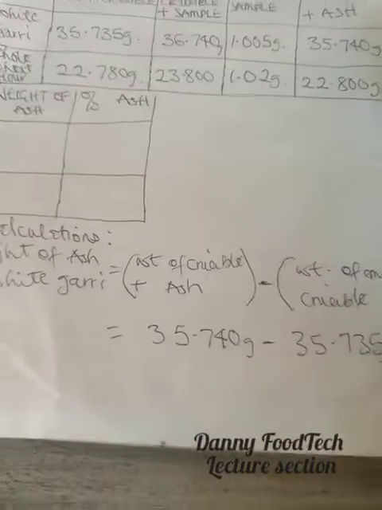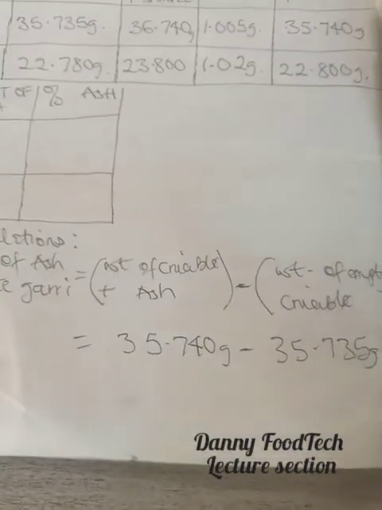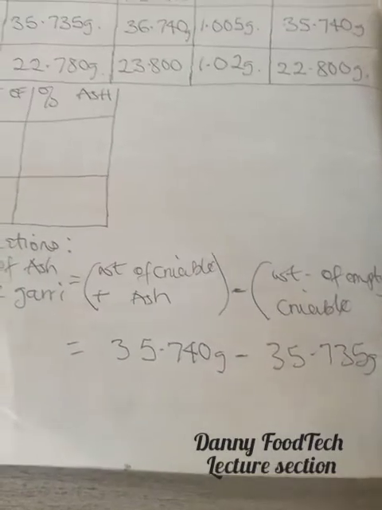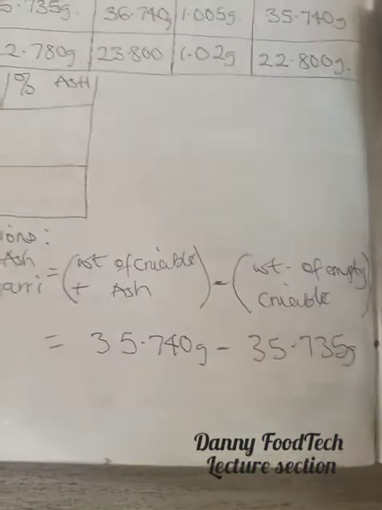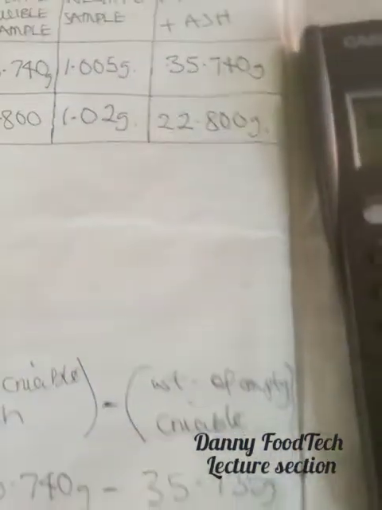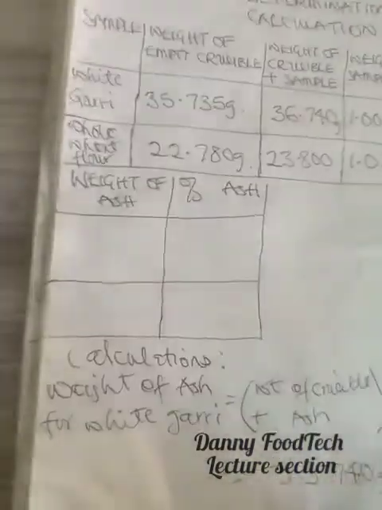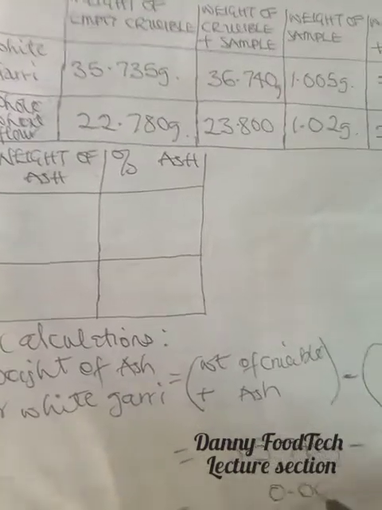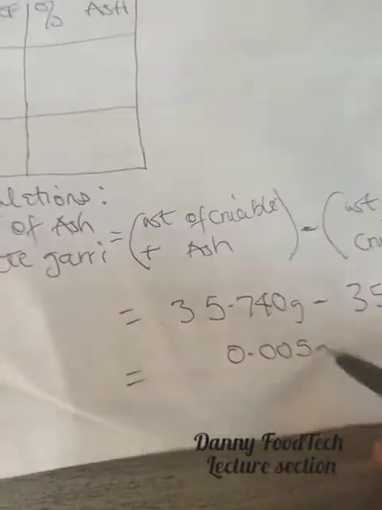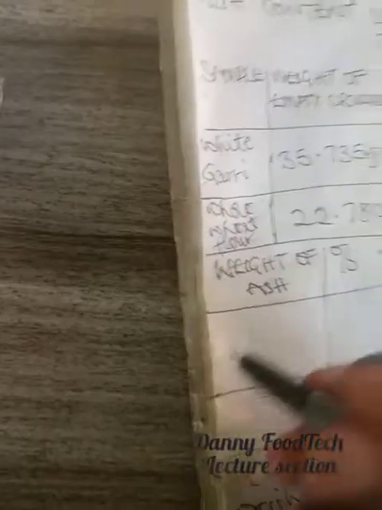So we have 35.740 minus 35.735, and that will give us 0.005 gram.